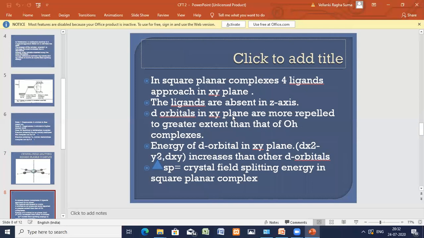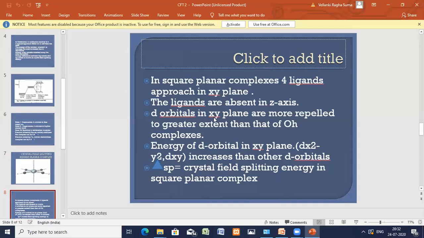They are experiencing more repulsion than the orbitals along the other axes. The d orbitals in the xy plane are just like octahedral. In octahedral, you are having 6 ligands along the axis. Here you are having 4 ligands along the axis.